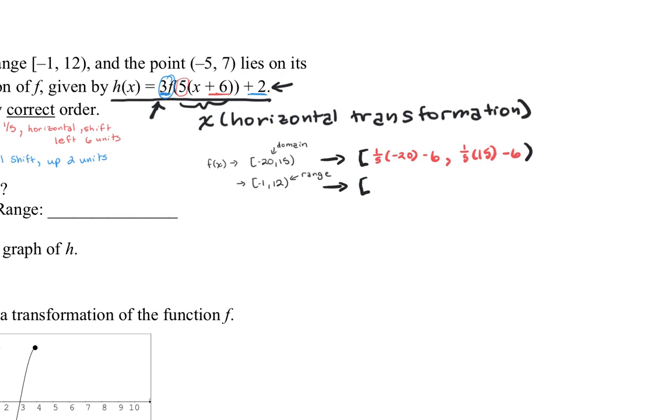Now, similarly here, we are taking a vertical stretch by a factor of 3. And then we are shifting up 2 units. And then similarly to the 12, by a factor of 3, oh, that's a positive 12, and we are shifting up 2 units. And again, that left endpoint's excluded.